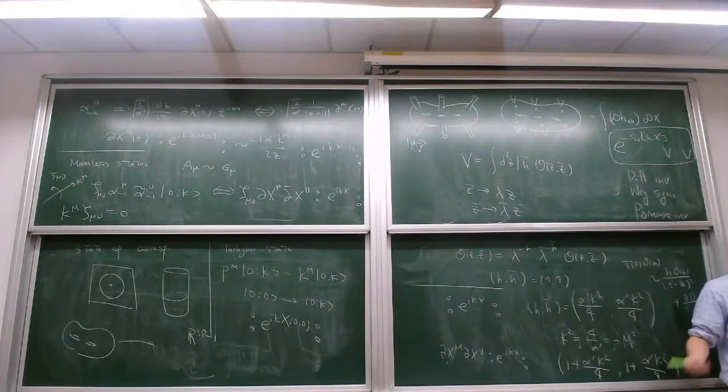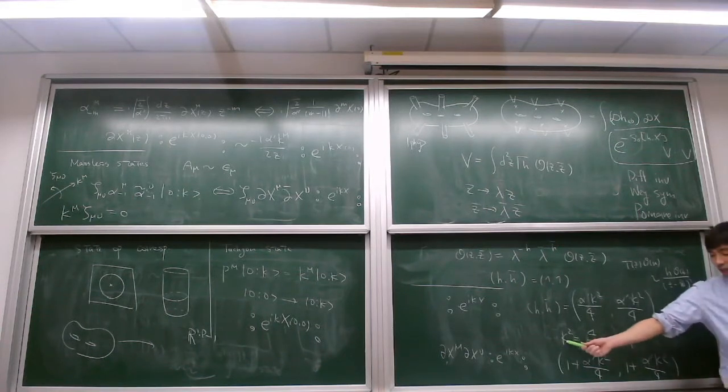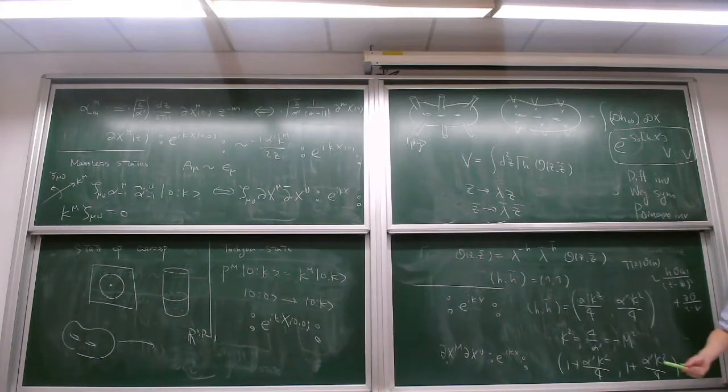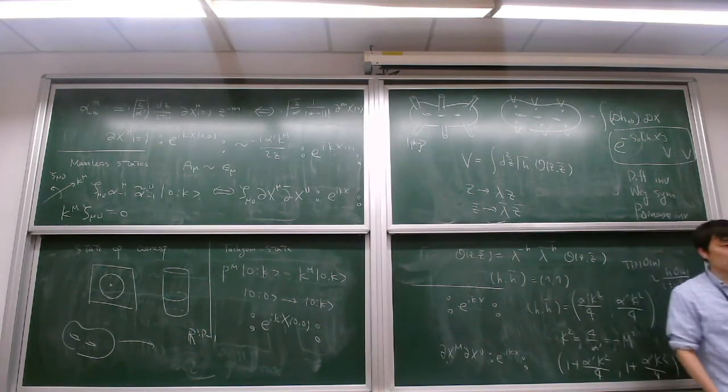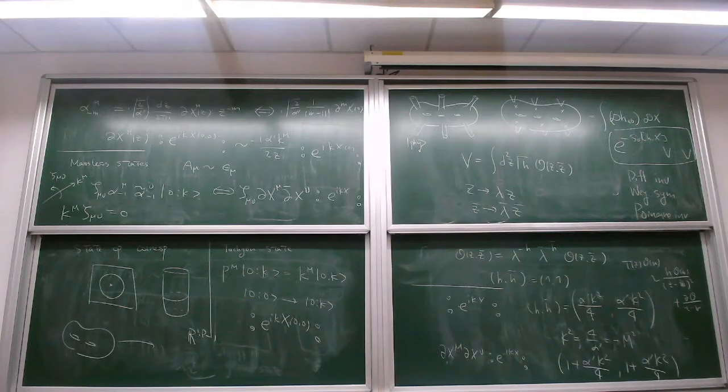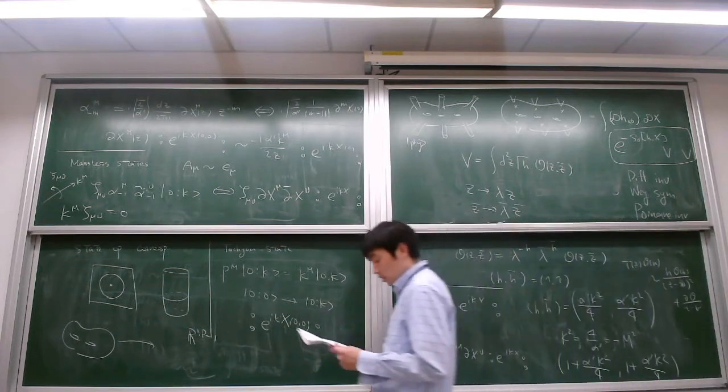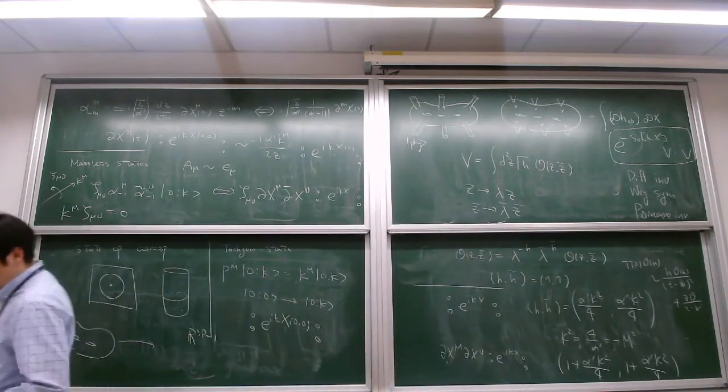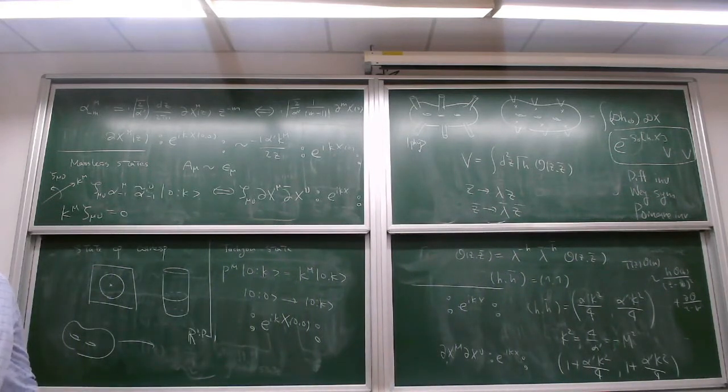So therefore, it should be massless. k squared is equal to minus m squared, and k squared is 0, so this state has to be massless. So at the end of the day, we get the correct operator and the correct mass for the tachyon first excited states.